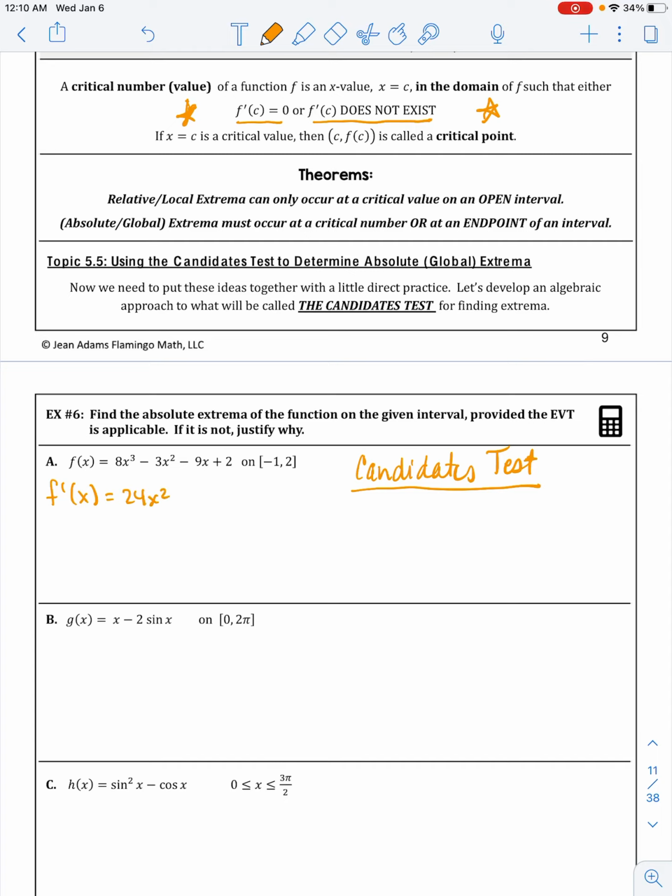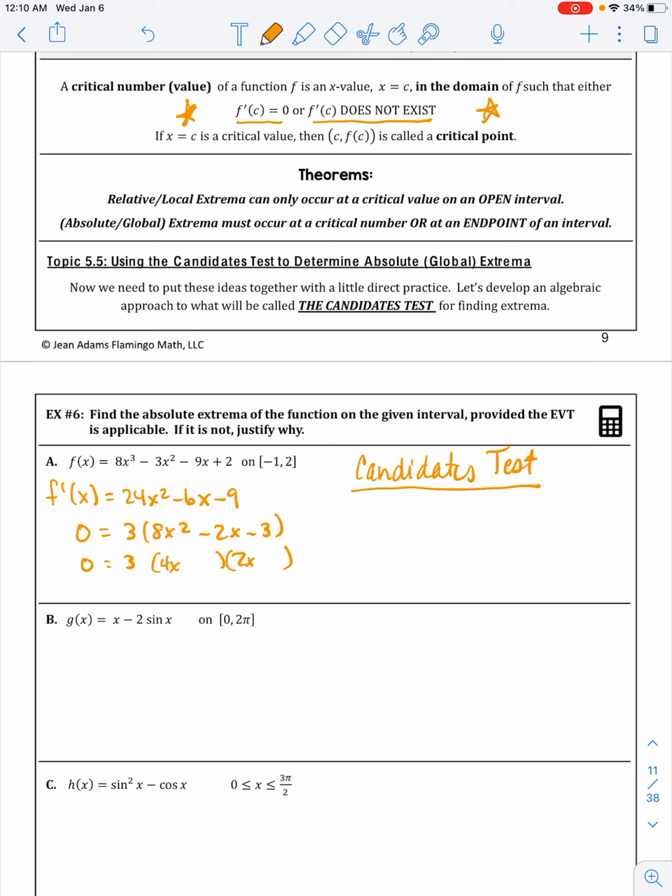So we've got 24x squared minus 6x minus 9, and we're going to set that equal to 0. So I'm going to factor a 3 out. I'm left with 8x squared minus 2x minus 3. I'm going to factor.